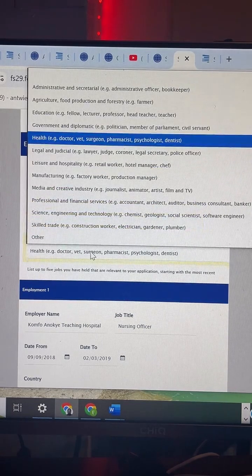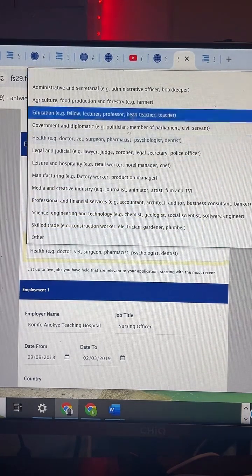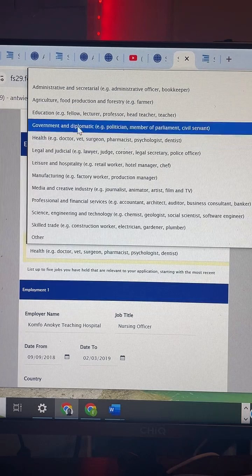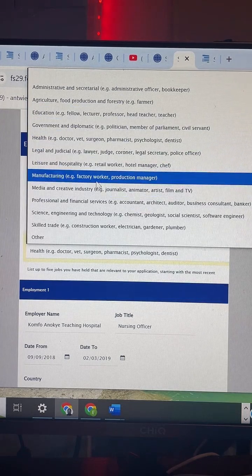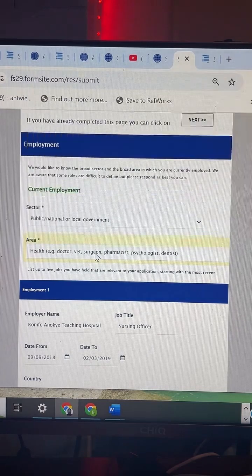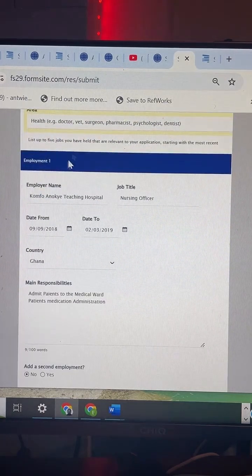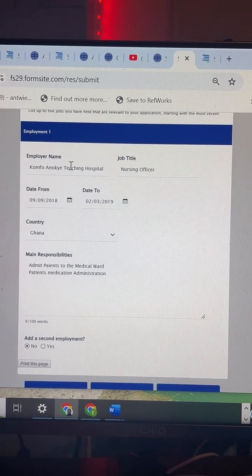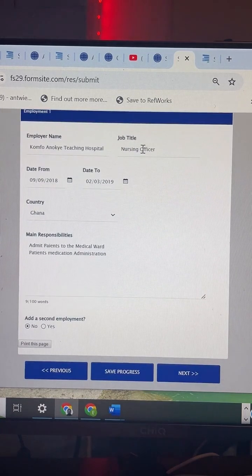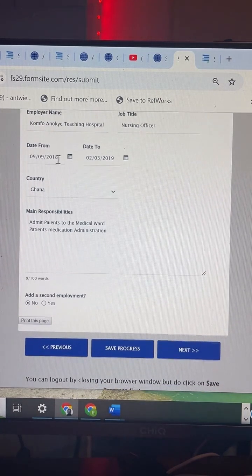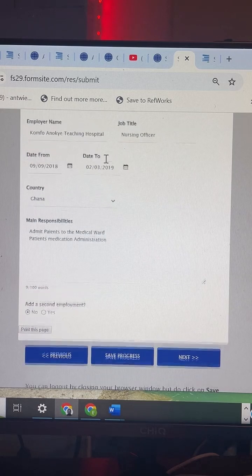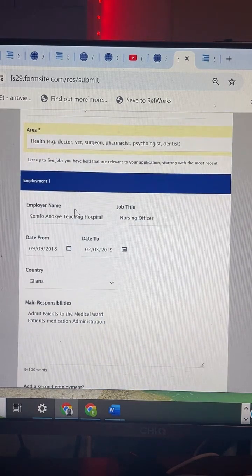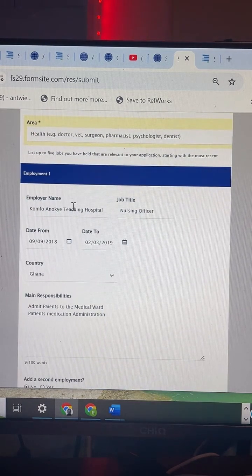You just select your sector, and then the area, whether it's administrative, whether it's education, manufacturing and all that. And then employment, you state employer name, job title, and the dates from when you started, when you completed.